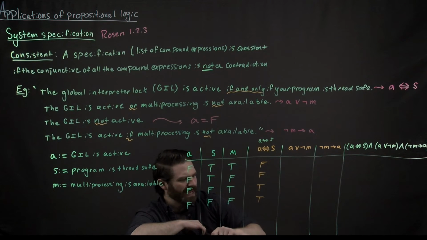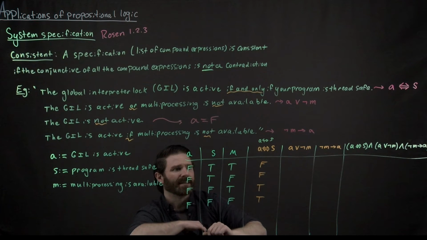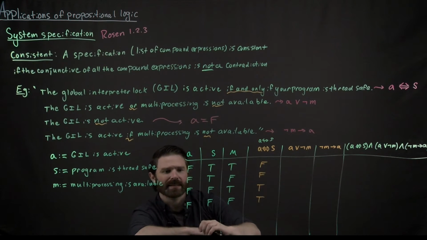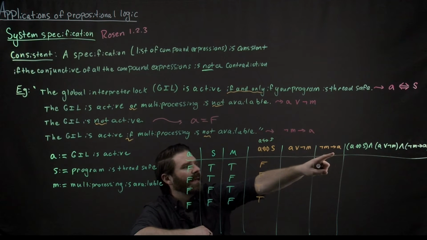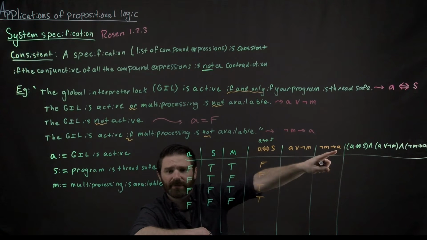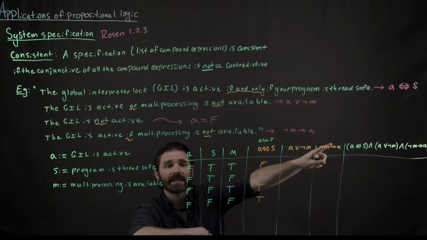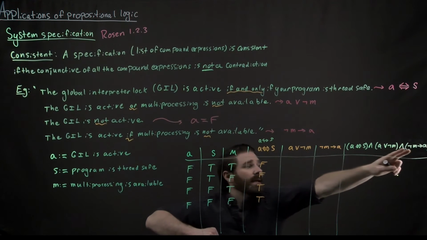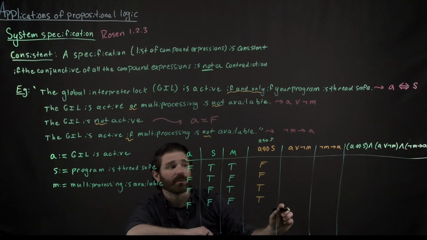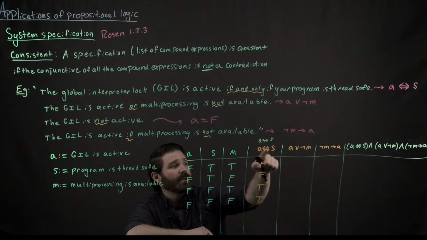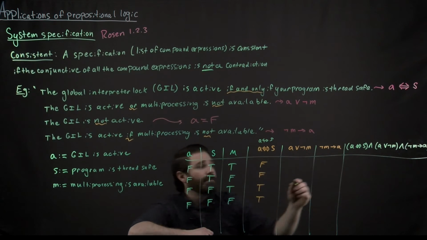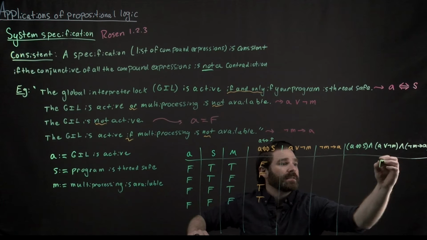And you know what? Actually, I can take a shortcut, because this right here is a conjunction. And we know that the only time that this thing is going to be true is when every single one of these three underlying statements is true. So if A if and only if S is false, we know immediately that this is false.